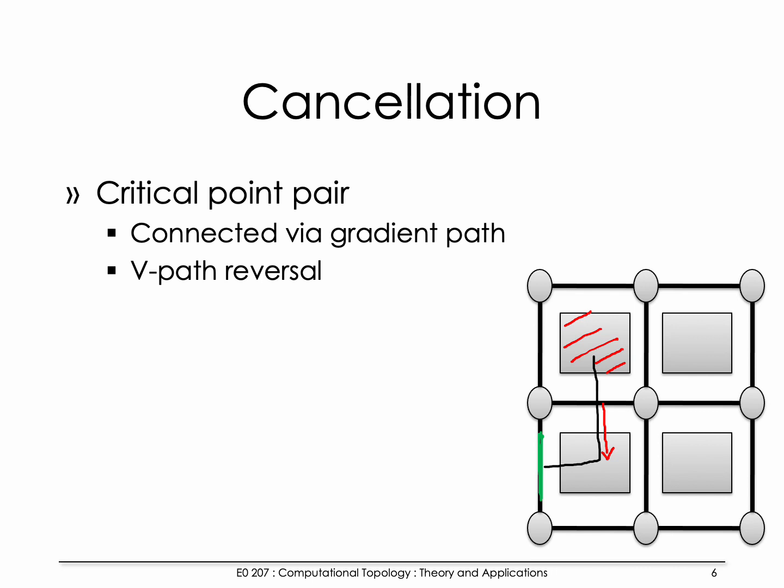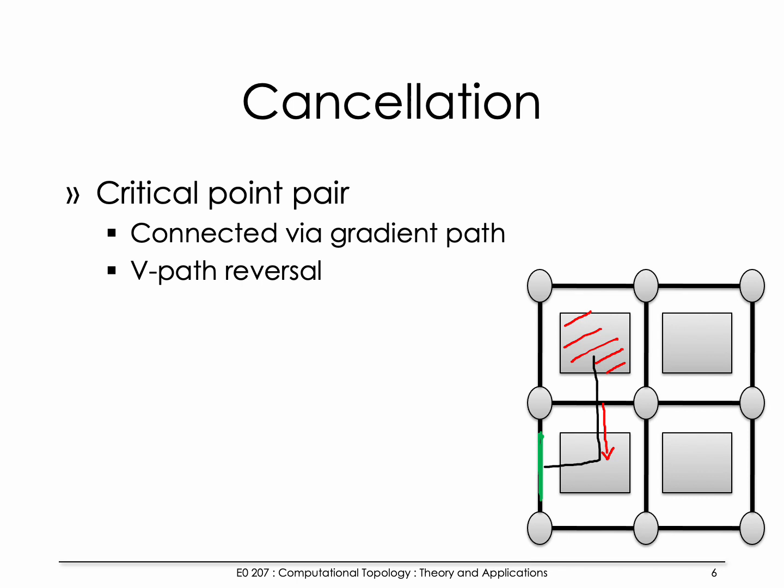Hence they will no longer remain critical. And this reversal will not introduce any new cycles as well. So hence the resulting discrete vector field will continue to be a gradient field where the previous gradient path between the critical points is now reversed. So cancellation can be implemented via this simple V-path traversal.